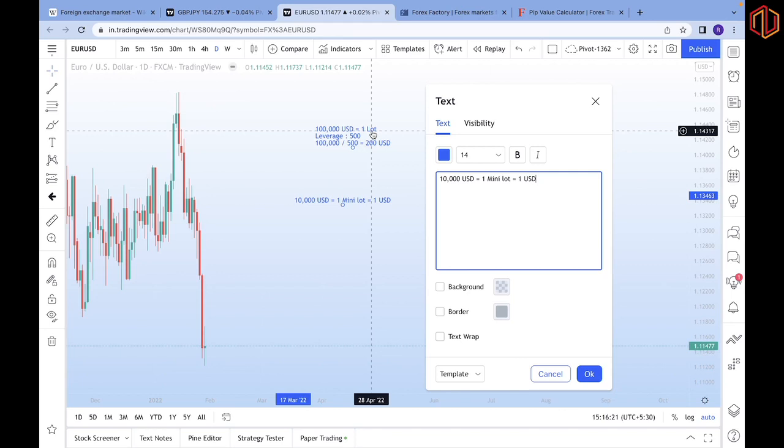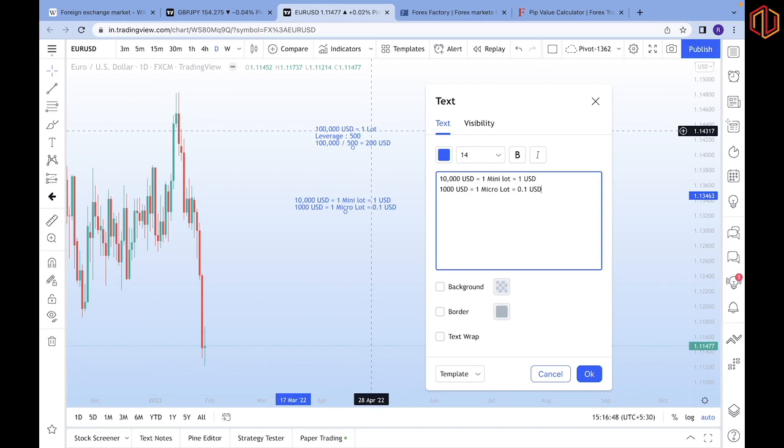And for a micro lot, which is equal to 1000 USD, this is called one micro lot, which means one pip movement will be equal to 10 cents or 0.1 USD.